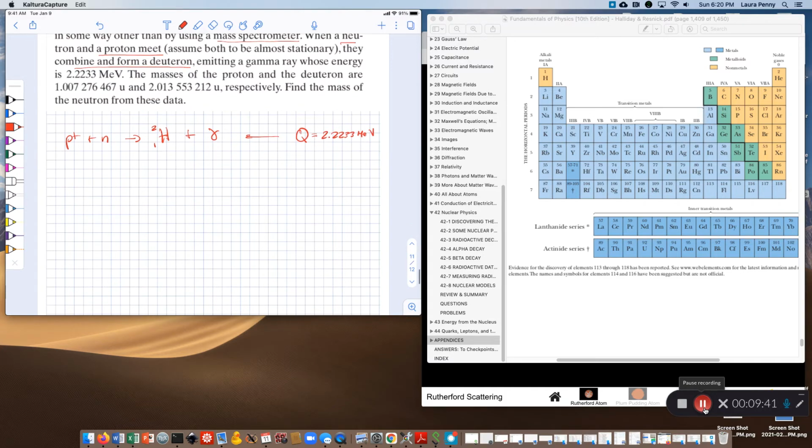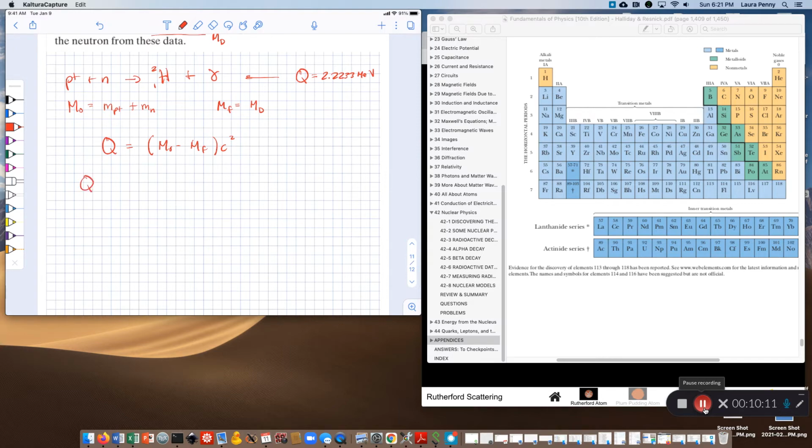So if we look at this, the mass beforehand is the mass of the proton plus the mass of the neutron, and the mass after is just the mass of the deuterium. Then Q should be equal to my initial mass minus my final mass, times c squared.